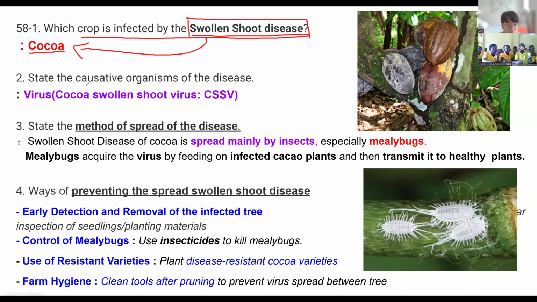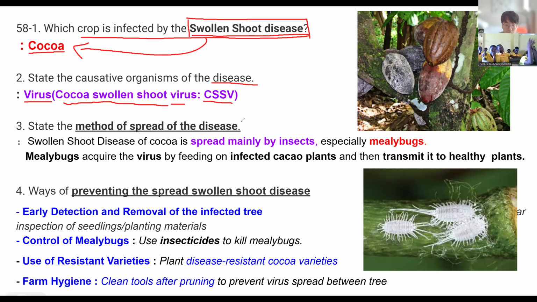And this disease is a part of the group called the virus. So this cocoa gets this swollen shoot virus, also called the CSSV because it's the cocoa swollen shoot virus. And it is a form of a virus that infects the cocoa, infects the tree.